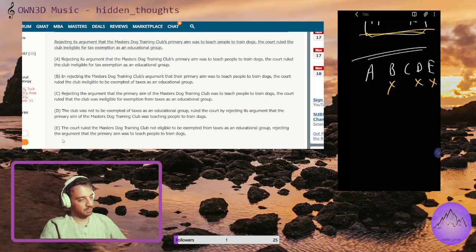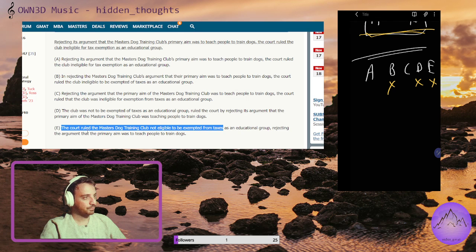Then after that, I started ruling them out one by one, starting from the bottom. I started with E, and the reason I ruled out E was, when I read this, the court ruled the Masters Dog Training Club not eligible to be exempted from taxes as an educational group, that is so clunky and not really correct English.